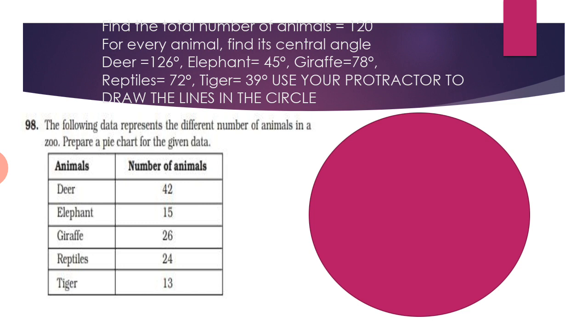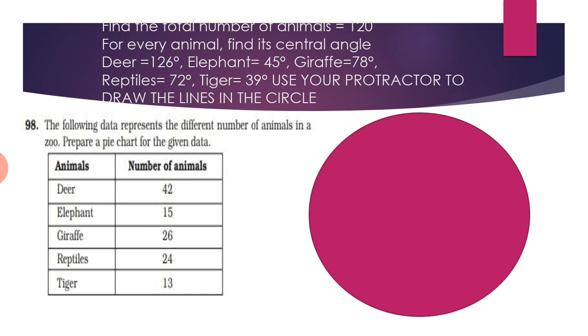Giraffe is 26 by 120 into 360 degrees, which is 78 degrees. Reptiles is 24 by 120 into 360 degrees, which is equal to 72 degrees. And finally, tigers 13 by 120 into 360 degrees, which is equal to 39 degrees.